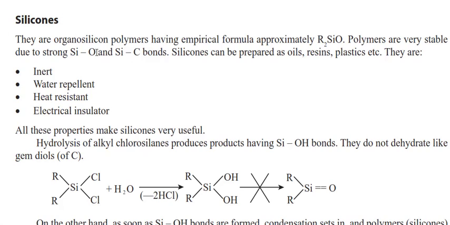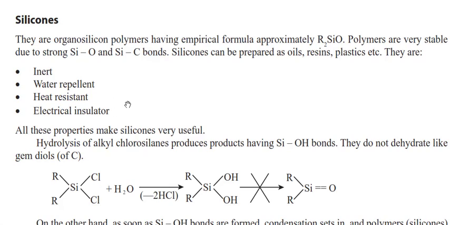So we have already seen silicon can make a bond with oxygen and carbon and make carbide and oxide also. And silicon can be prepared as oil, resin and plastic also. This material is inert, water repellent, an electronic insulator and heat resistant.